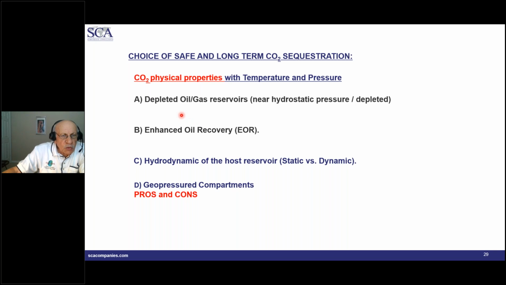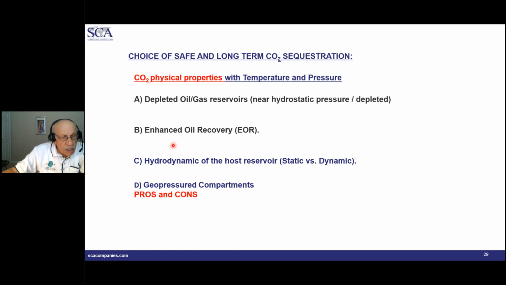So should we store hydrocarbon in depleted oil and gas reservoirs? We go to an abandoned field and say, well, we're going to store hydrocarbon here. Should we store it in a near hydrostatic pressure or depleted pressure?